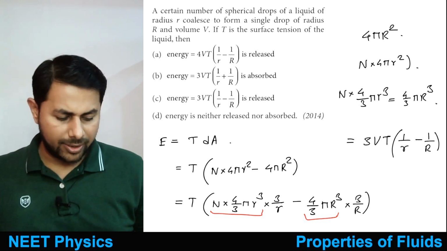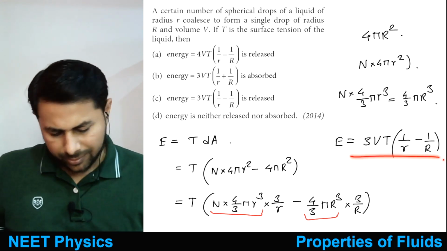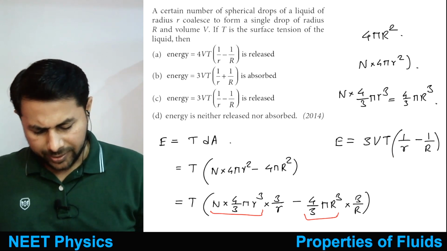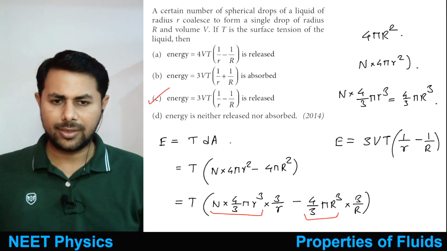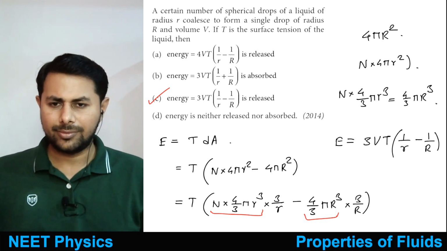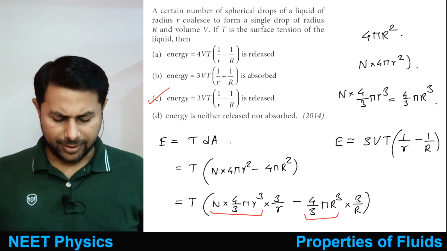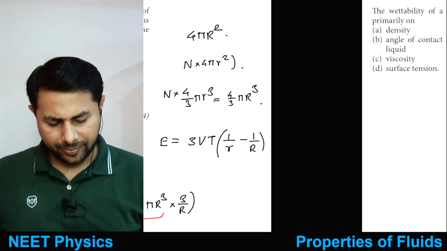So 1 by small r minus 1 by capital R. This is the energy, so it is option C. Is this clear, everyone? Good. So this is from 2014.